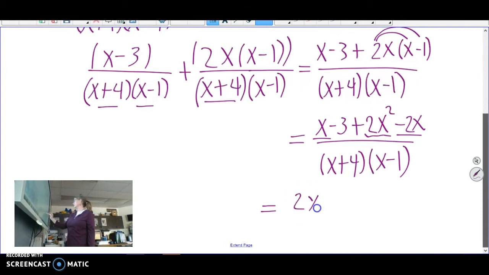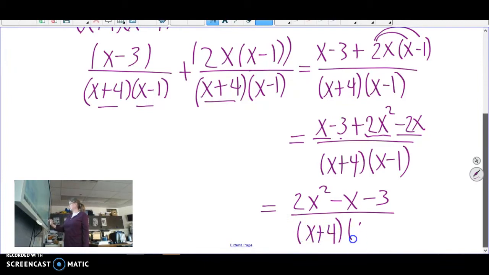I have 2x squared on the top, x minus 2x is minus x, and then I have minus 3. Now, in the denominator, I have x plus 4 times x minus 1. Okay, and we are done with the adding part, but now we should see if we can simplify this numerator. Can we factor that? Let's look at that.